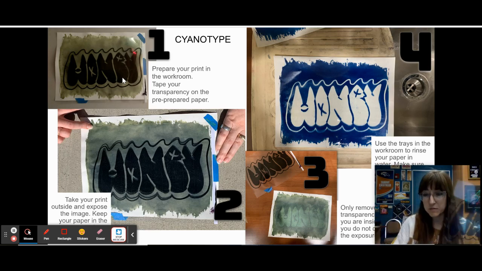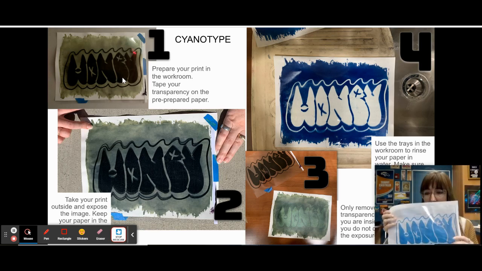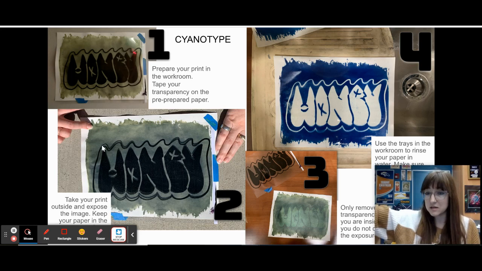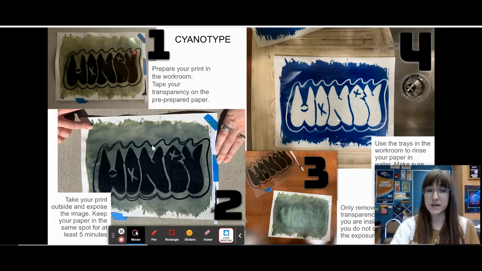To affect the paper. So you're going to attach your transparency to your paper in the workroom, and then we're going to take it outside and expose that image to the UV light from the sun. This second image shows what that looks like. You can see that the first one where we were working in the workroom has a yellowy tinge.